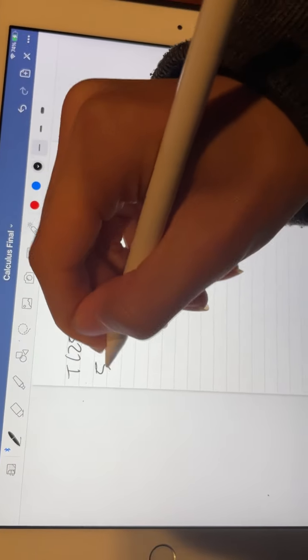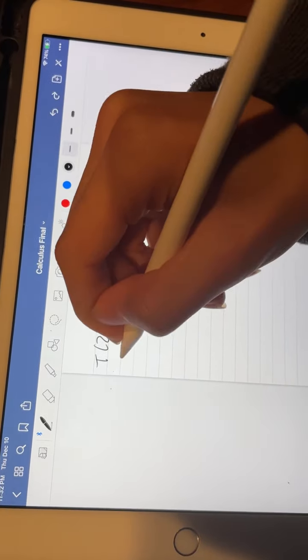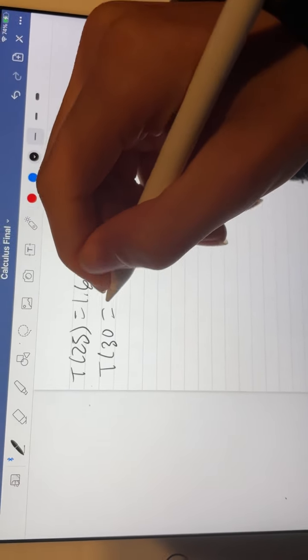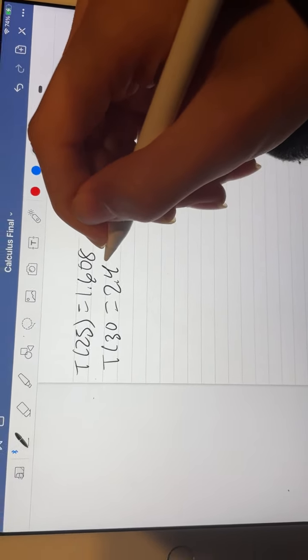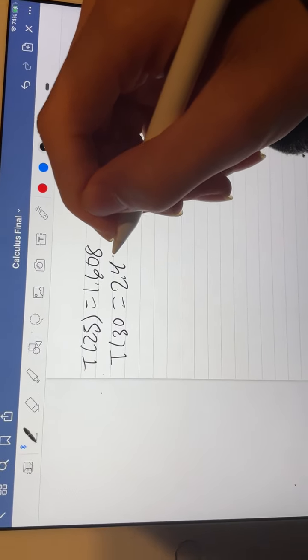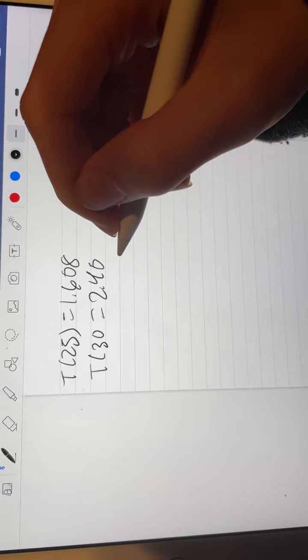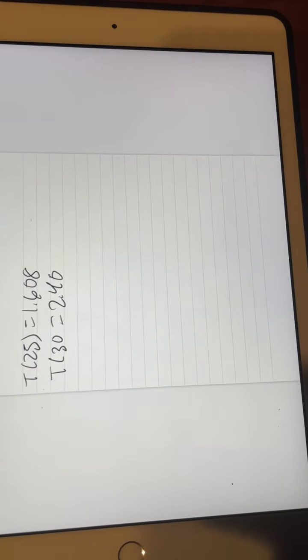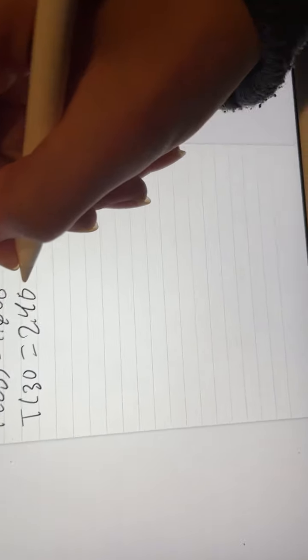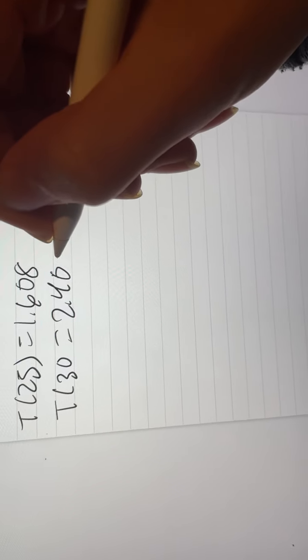Then we have T30, which will then equal 2.405.